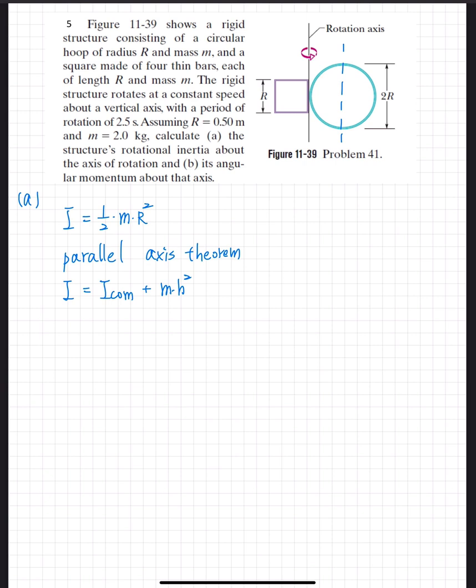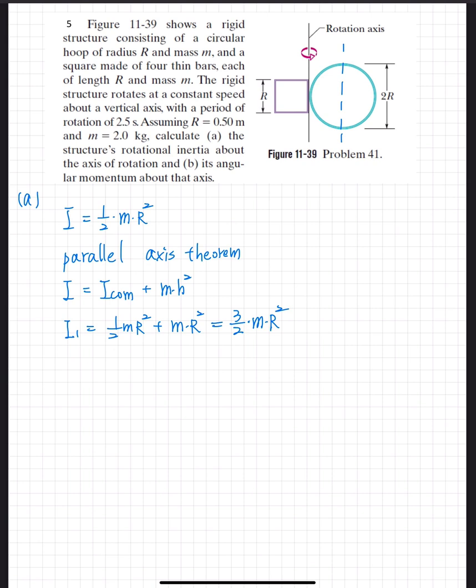So we can get the hoop's rotational inertia is equal to 1/2 m R squared plus m R squared, which is equal to 3/2 times mass times radius squared.